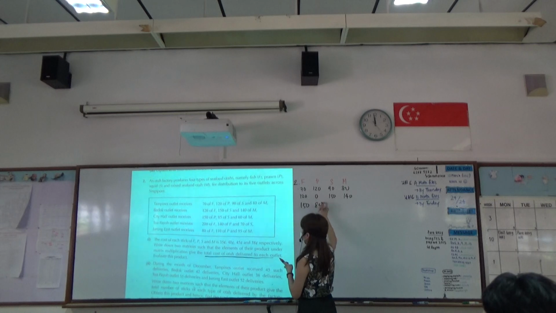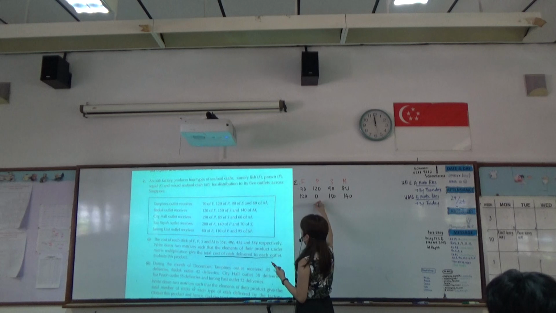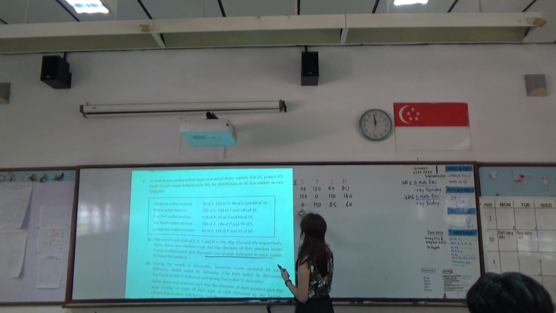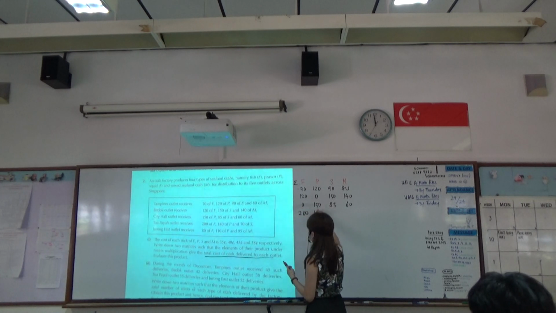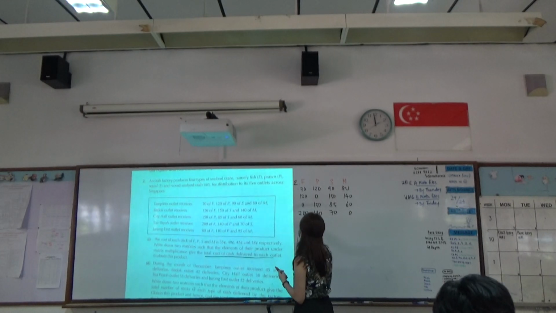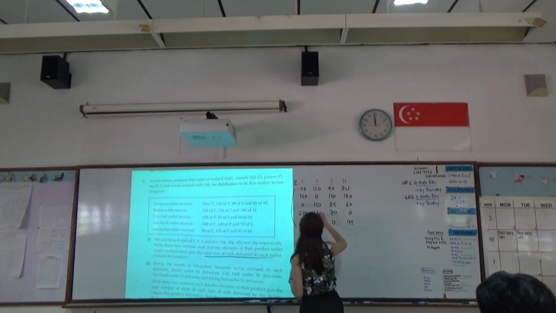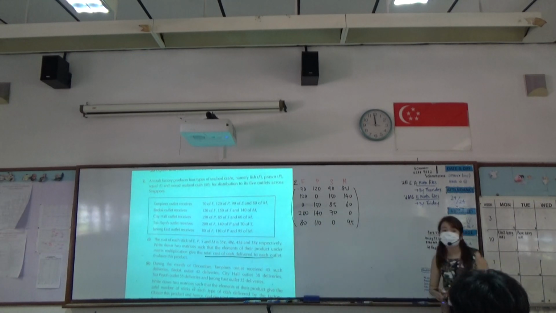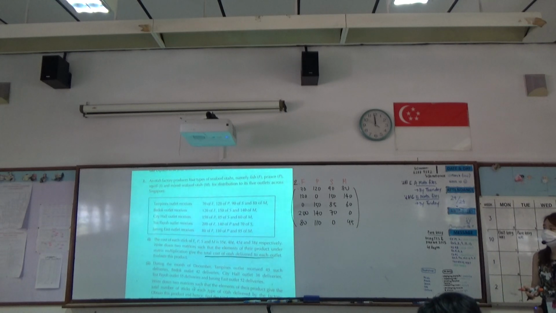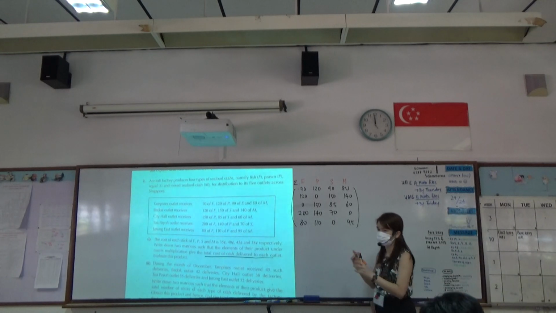Then 150, 50, 150, 85, 60, 200, 140, 70, 0, 80, 110, 95. So we have a 5 by 4 matrix here. At least we got one matrix settled.